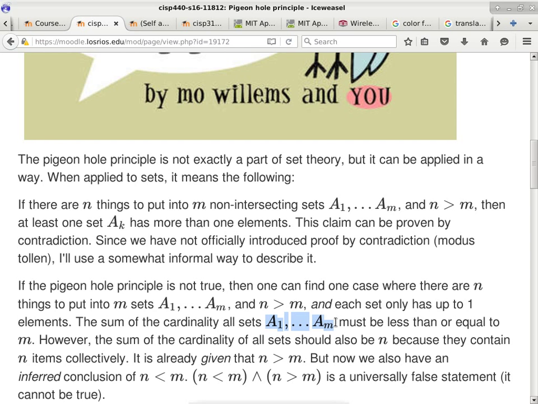We are trying to prove that this implication is true. So the first thing you have to do is negate the implication, and then prove that the consequence of the negation leads to a contradiction.